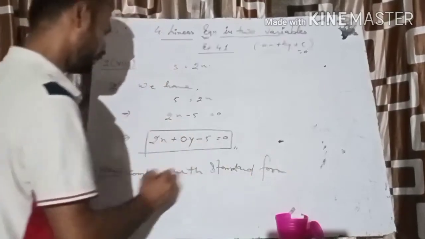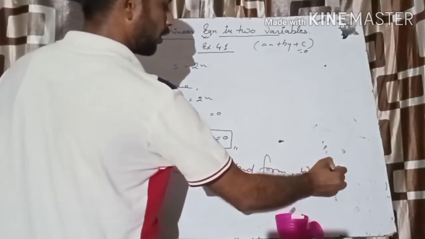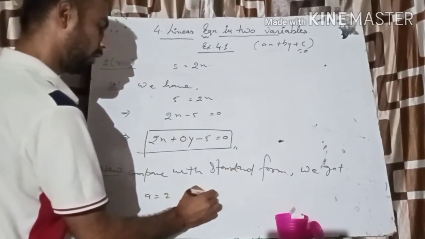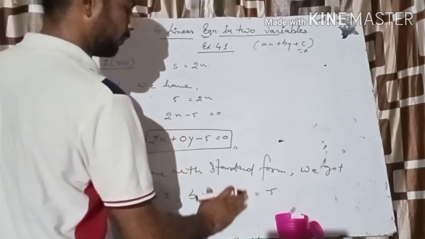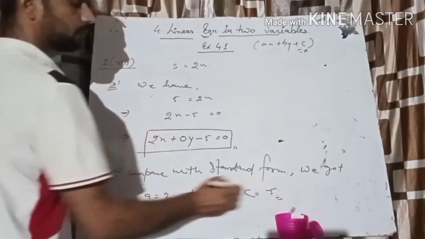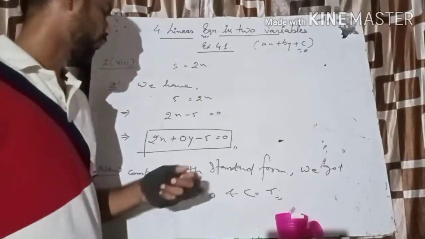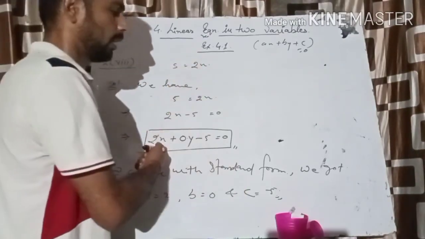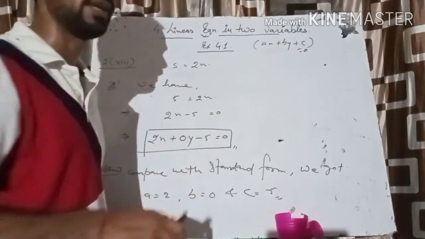Now we got a equal to 2, b equal to 0 and c equal to minus 5. It's your answer. Because in this question number 2, you have to find out the values of a, b and c also. First you will arrange the equation as a linear equation in two variables, then you have to find out the values of a, b and c.